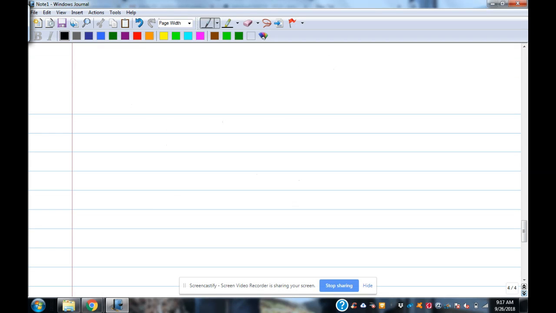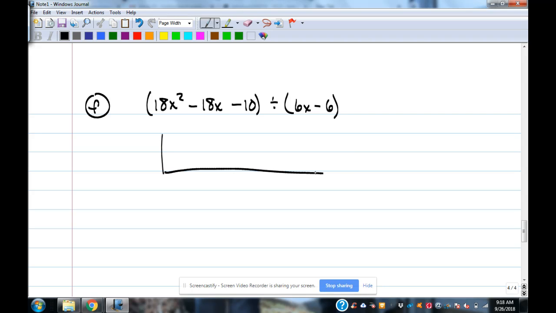Let's do one more. We've got time for one more synthetic division problem. Let's say we had 18x squared minus 18x minus 10 divided by 6x minus 6. I know this part's not changing. What goes on the shelf? +1.